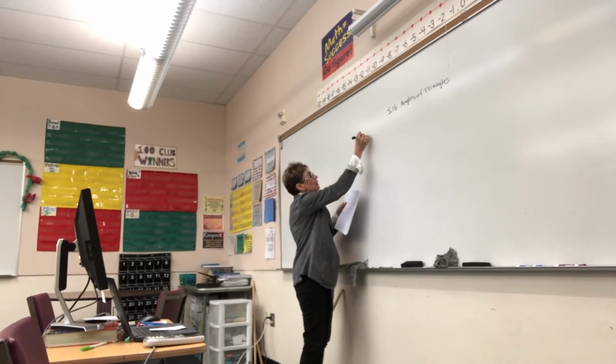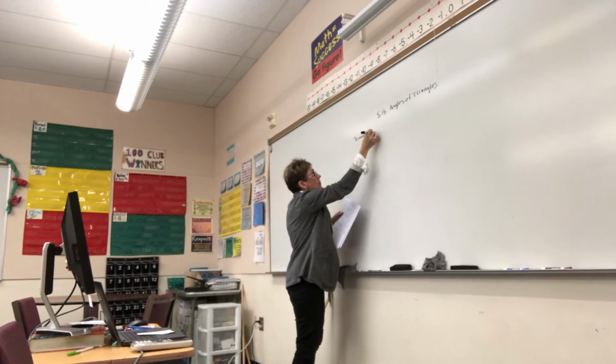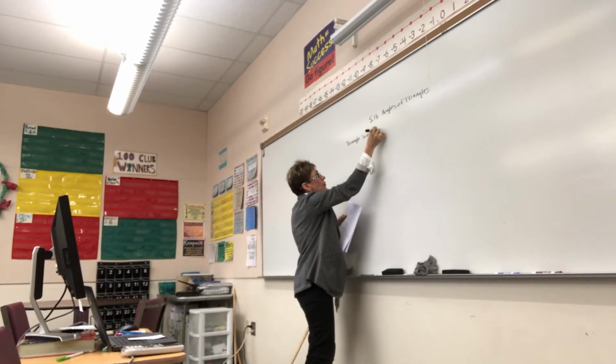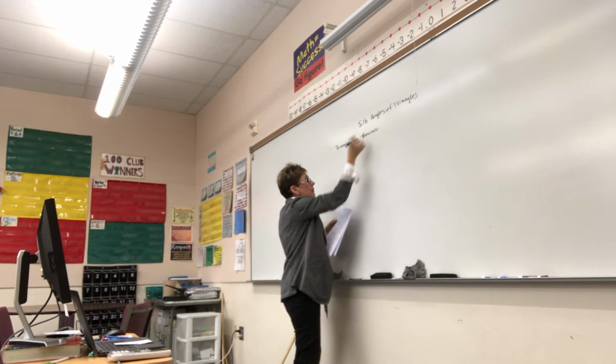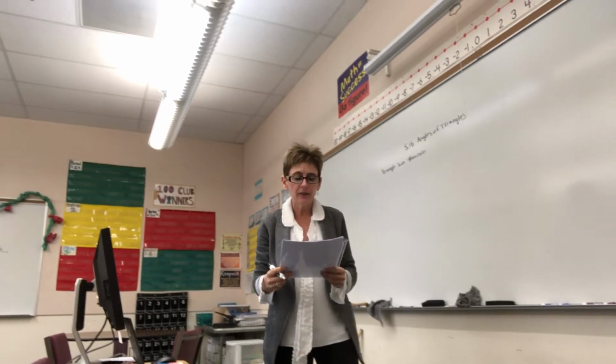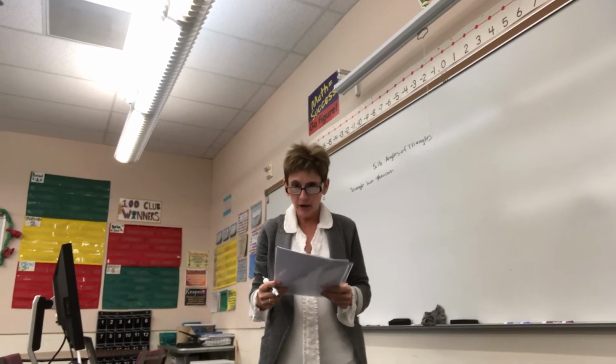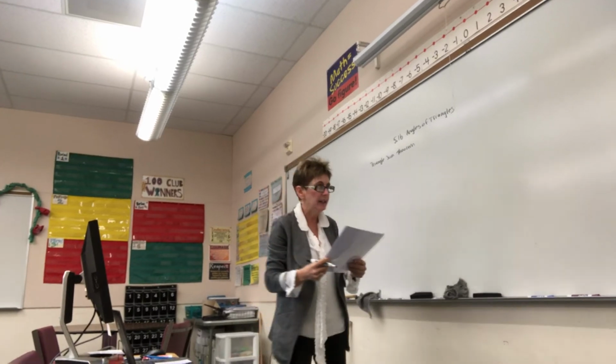So the first theorem is called the triangle sum theorem. In words, what it says is that the sum of the measures of the angles of a triangle is 180 degrees.